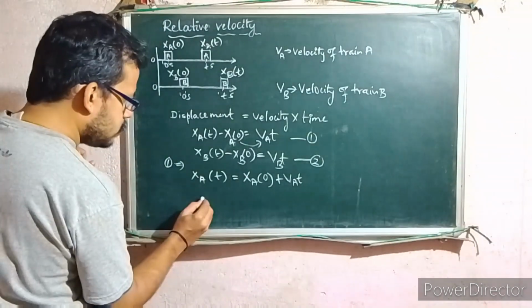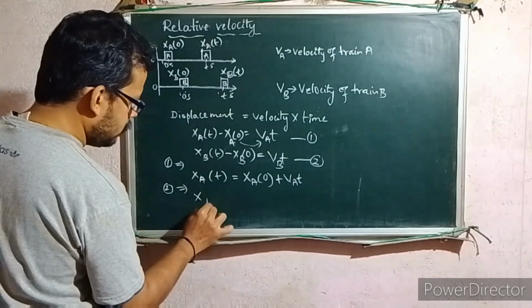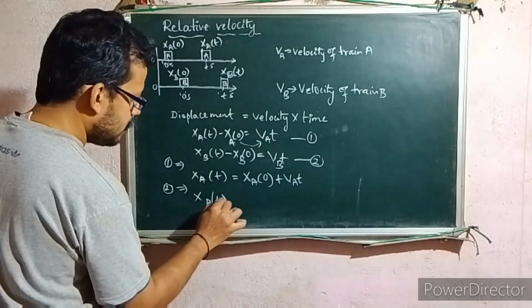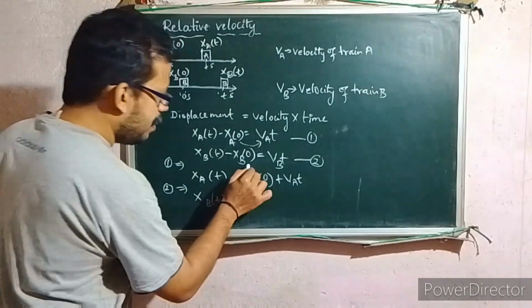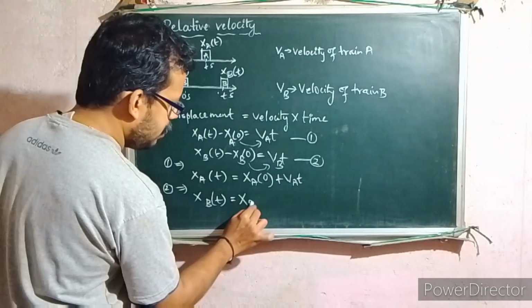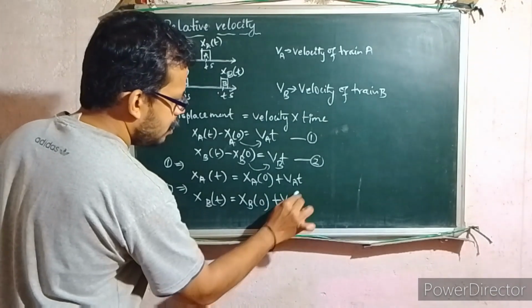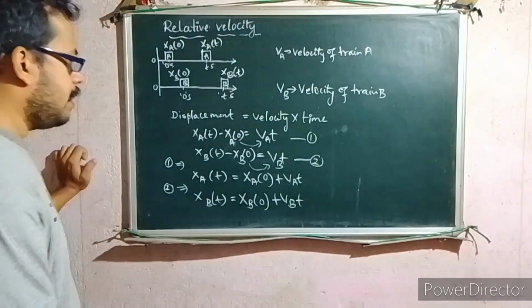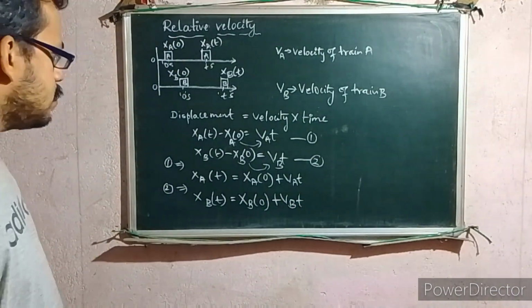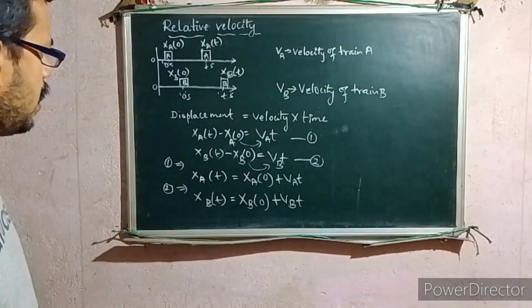Yes, correct. From equation 2, XB of t is, bringing XB of 0 to the right hand side, XB of 0 plus VB t. So from these two equations, I got equations for XA of t and XB of t.